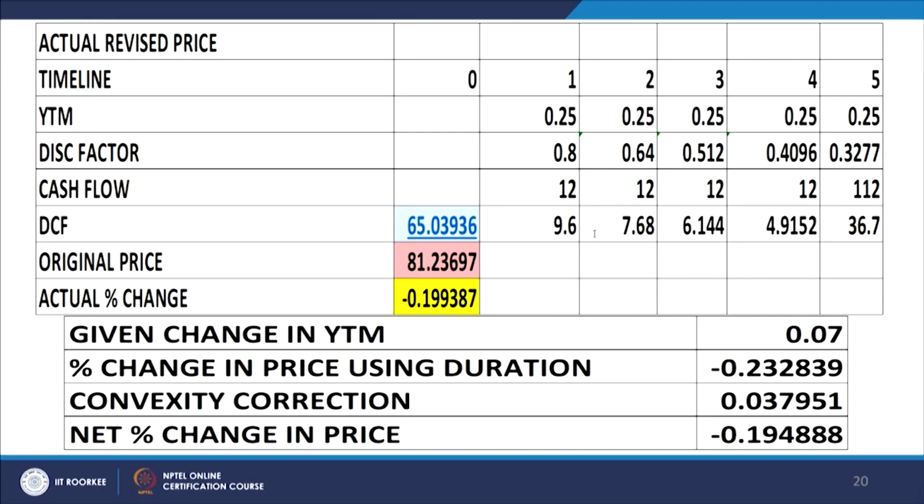Then we work out the price shifts on various counts. We work out the actual percentage price shift, that is the percentage price shift when the YTM changes from 18% to 25%, on the basis of the DCF formula itself.